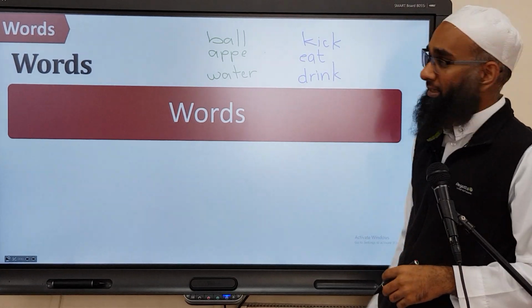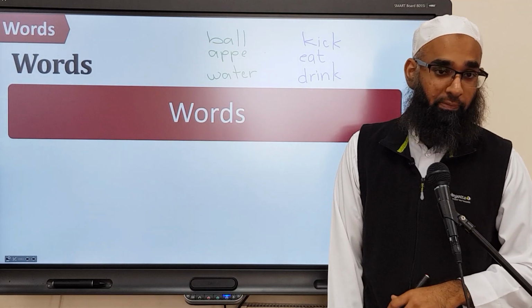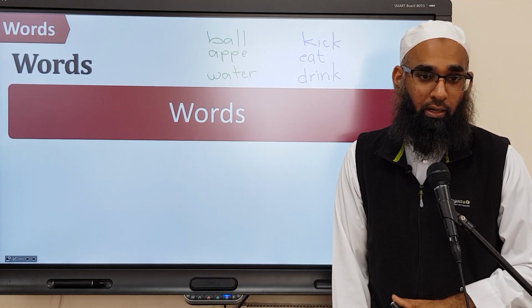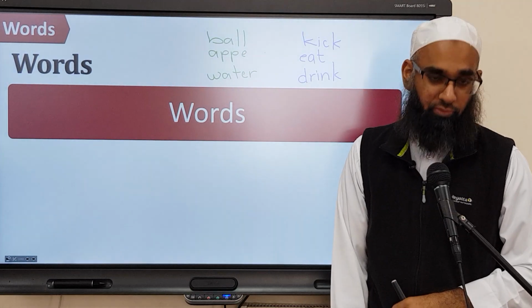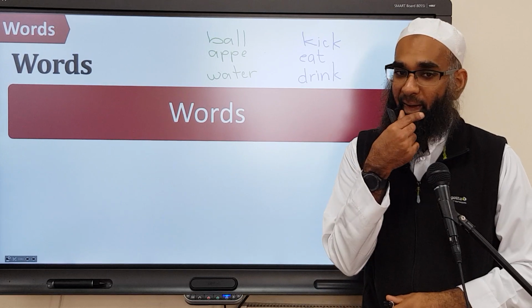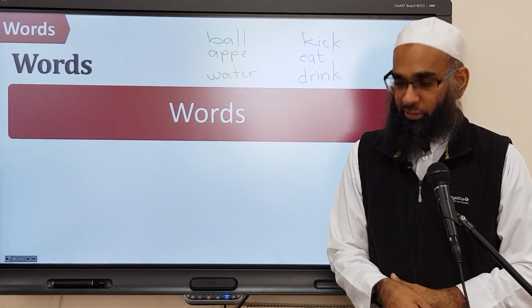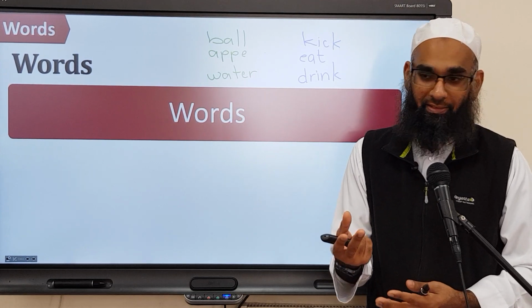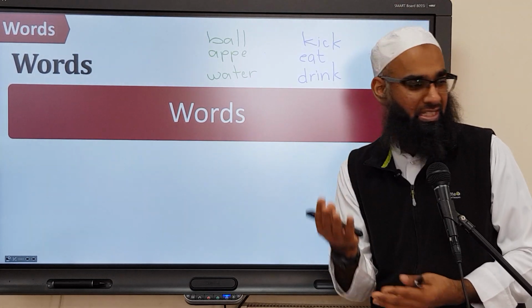Can you see a pattern in the green and blue words? All the greens are nouns. Very good. And the blues are? What's a verb? An action word, correct. And what's a noun? Like a thing. Yes? So you have action words and these things.